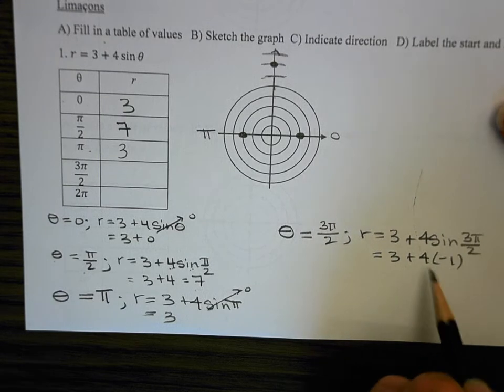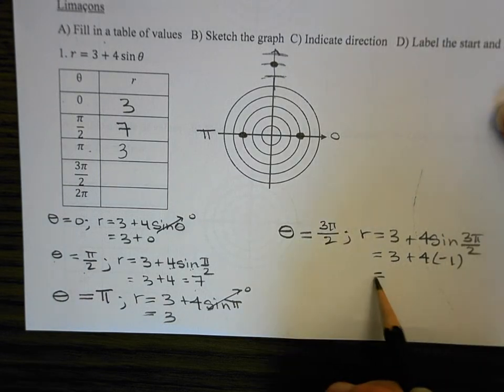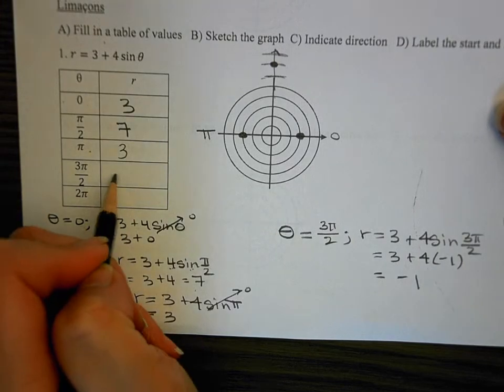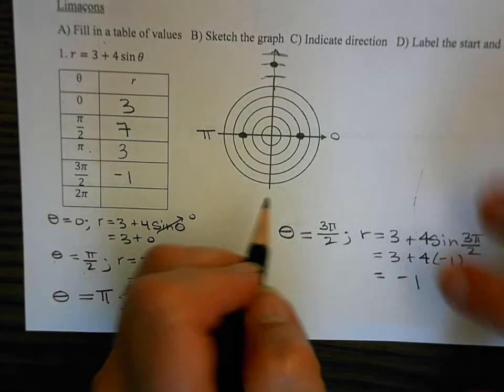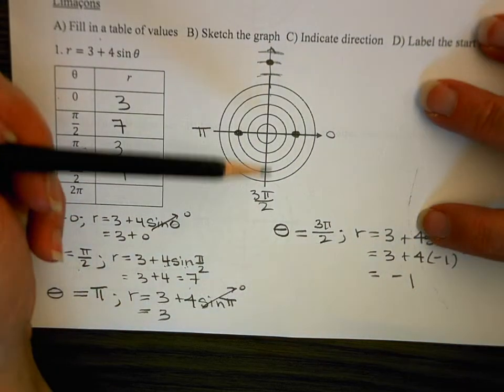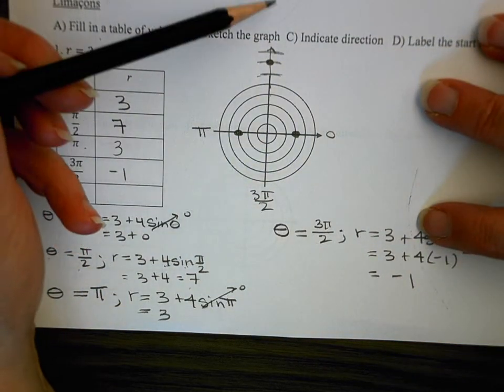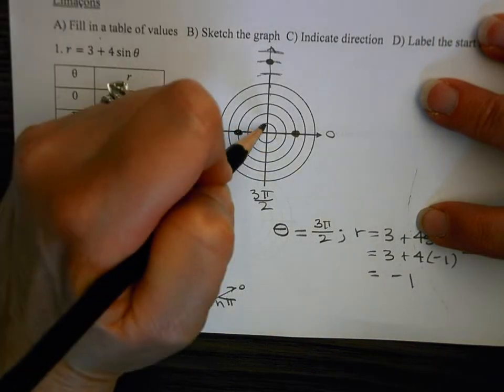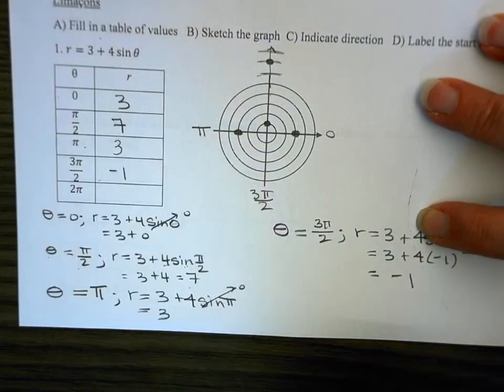So that would be negative 4, and then 3 minus 4 is negative 1. So 3 pi over 2 is negative 1. So here is 3 pi over 2, and then instead of going towards it 1 unit, I'm going to go away from it 1 unit because my r is negative. So I'm going to go away from 3 pi over 2, so I'm going to go backwards, and that's negative 1.